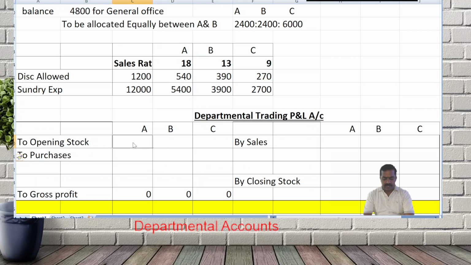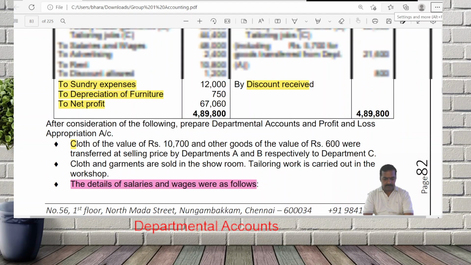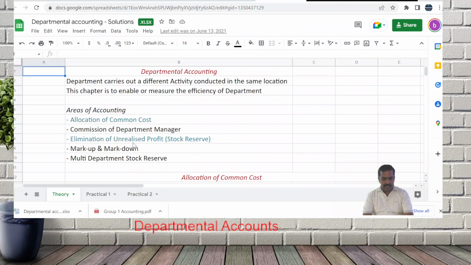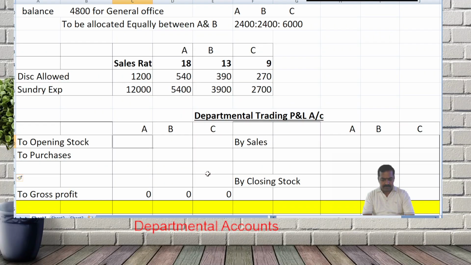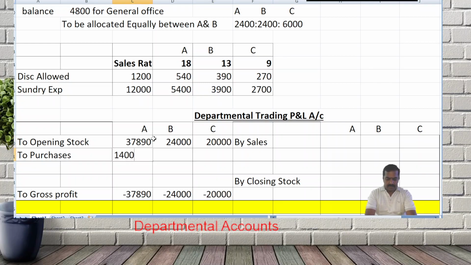Tell me the opening stock, already bifurcated and given. 37,890, then 24,000, then 20,000. Purchases: 1,40,000, then 44,400.